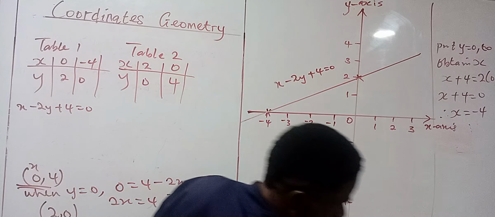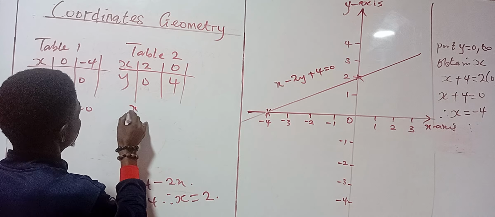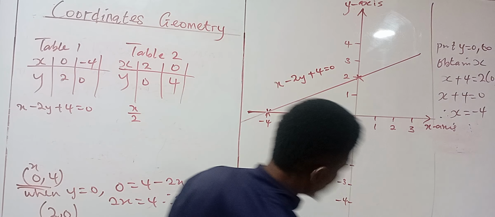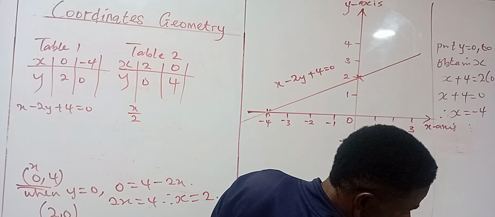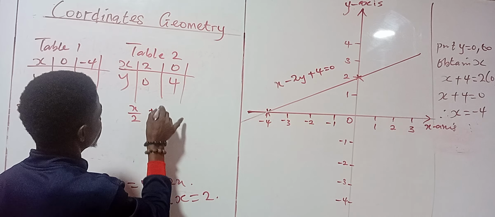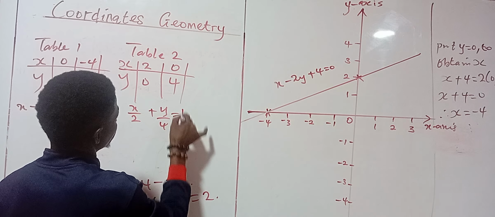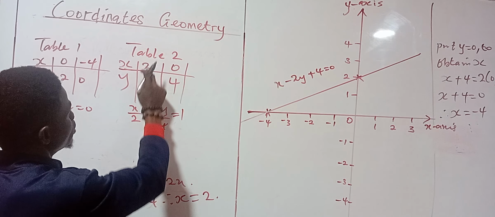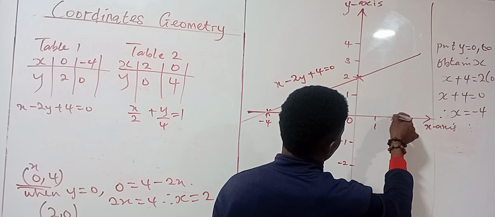The equation 2 is x divided by 2 plus y divided by 4 equals 1. Now when x is plus 2, we have it here.